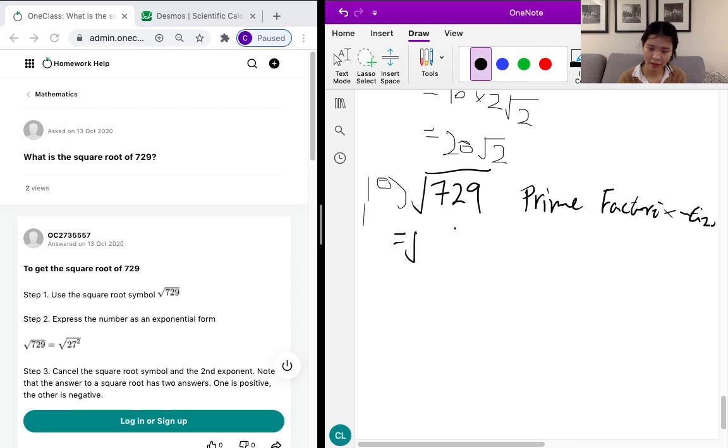So again, the smallest factor we can find for 729 is 3. Well, obviously 2 doesn't work because 729 ends with a 9. And for 3, we can know whether a number is divisible by 3 by adding each of its individual digits.